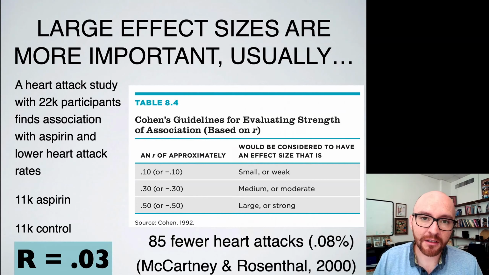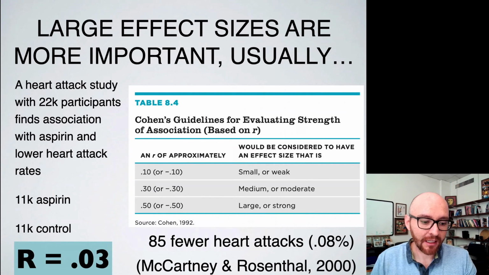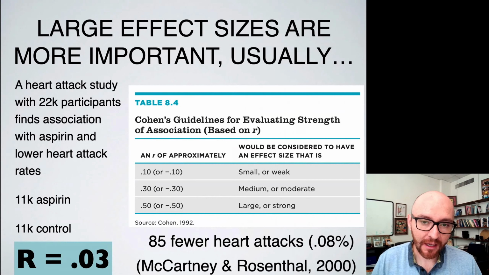But let me give you a situation. In one study, and it's in your textbook, they had 22,000 participants, and they had half take aspirin and half were in the control group, meaning they didn't have aspirin, they had some kind of placebo maybe, and they found that there's a 0.03 relationship between taking aspirin and reduced number of heart attacks.